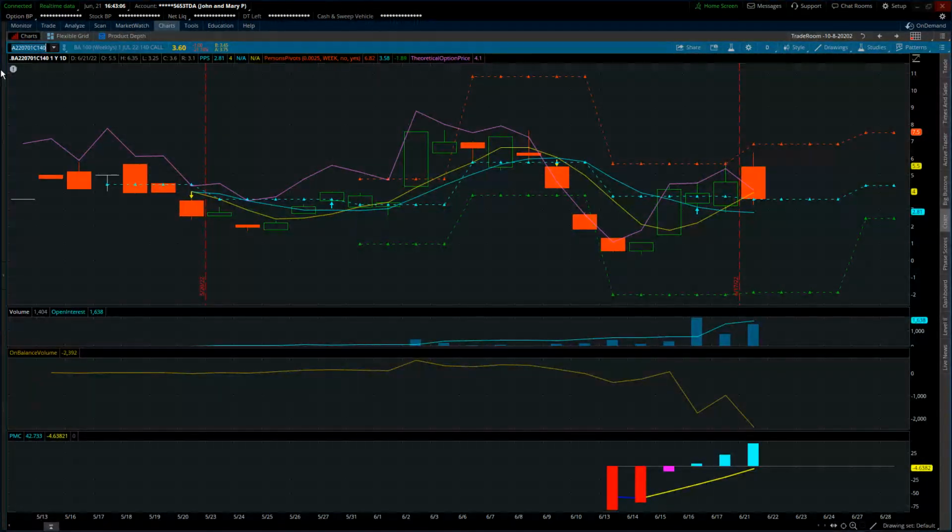So if Boeing went up $10 today, your option would go theoretically up $5. Of course, it'd go up a little bit more because it's no longer at the money. It would be closer to the money. So as the delta expands, the value of the option expands.